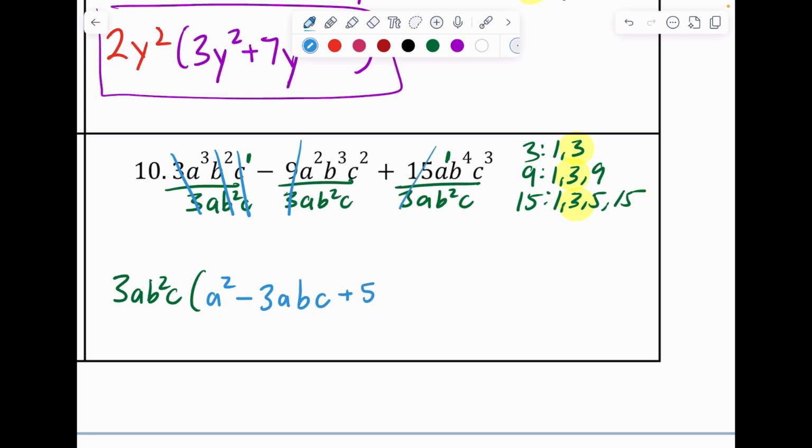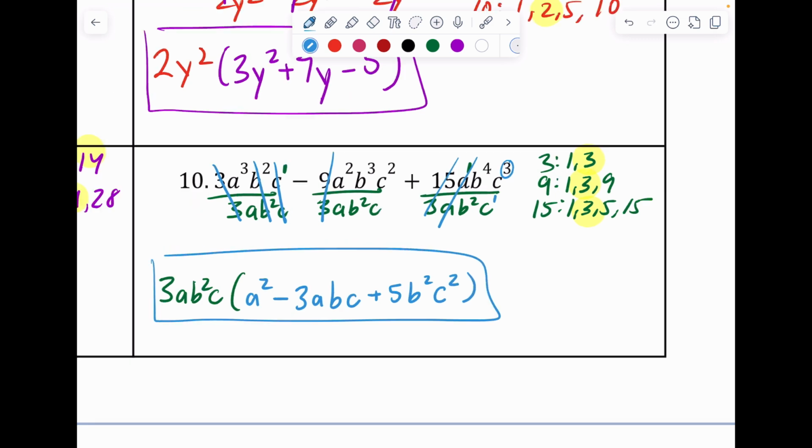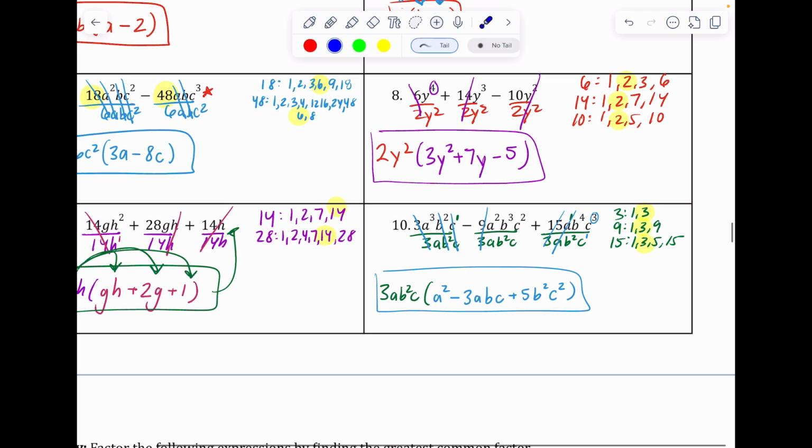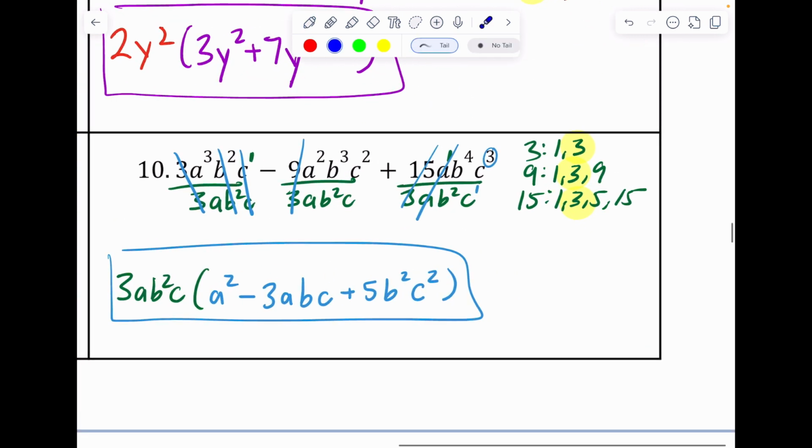And then a divided by a cancels out. B to the 4th power divided by b squared gives me b squared. C to the 3rd power divided by c to the power of 1 gives me c squared. And that is what I get for the last one. Now, if you're getting stuck and you're like, how am I getting c to the power of 3 divided by c to the power of 1?